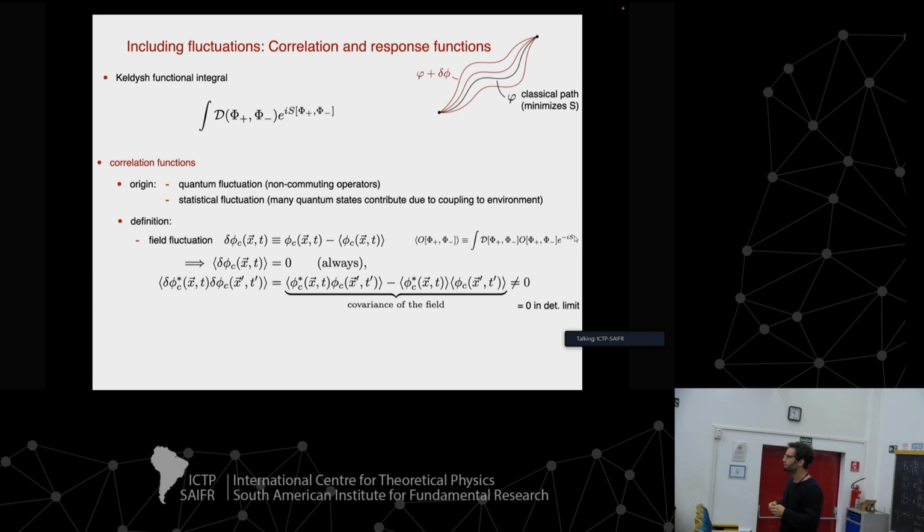But still, of course, there are some proxies in the field theory, for example how states are occupied in the infrared, in the long wavelength limit. For bosons, you can get a notion of classical versus quantum fluctuations, in the sense that in a pure state bosonic system, really only a single quantum state is occupied. There's no high infrared occupation of modes, while in the classical system there's a huge occupation of modes in the long wavelength or infrared limit.